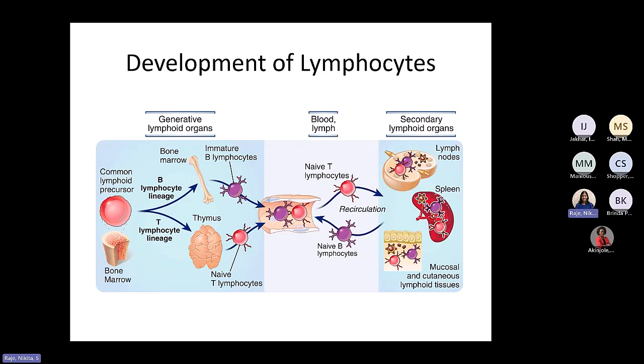When you find lymphocytes in certain places, they would be in different stages of their life. For example, the naive T cells preferentially recirculate to secondary lymphoid organs, whereas the activated or effector cells go to the tissues or inflamed tissues, and then the memory T cells can go to the inflamed tissue and mucosal tissues as well.